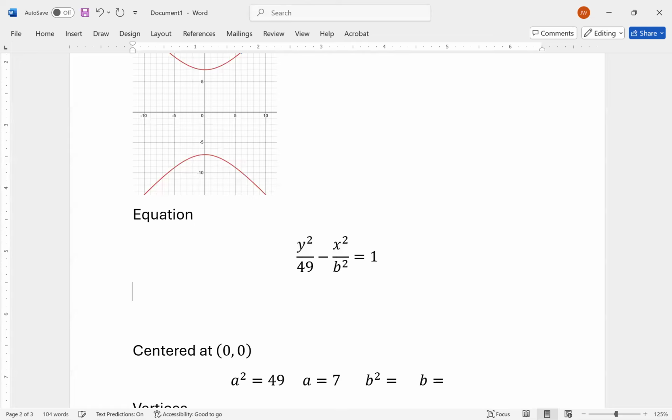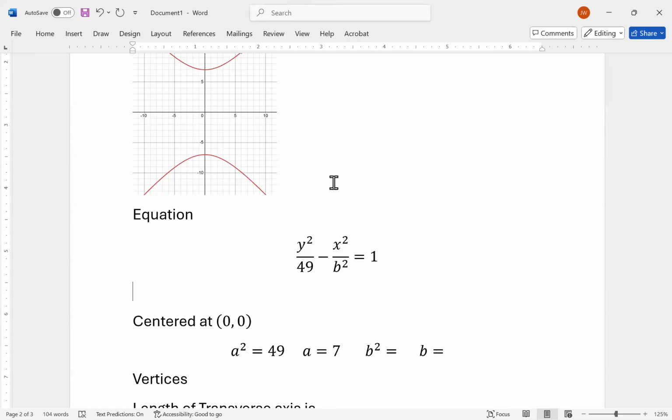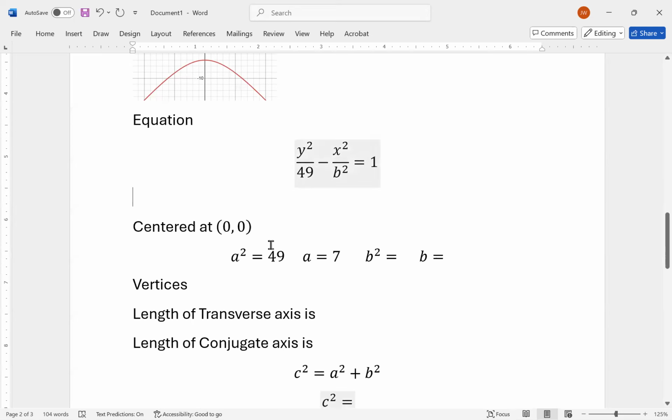All right, now I've seen my vertices. So my vertices of this hyperbola are 0, 7, and 0, -7. That means the length of the transverse axis is 14.